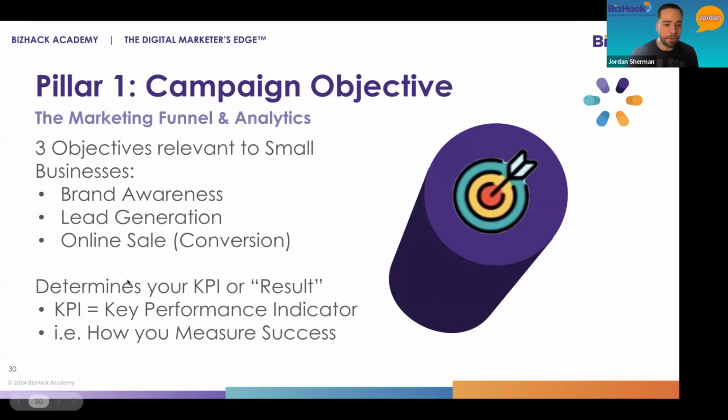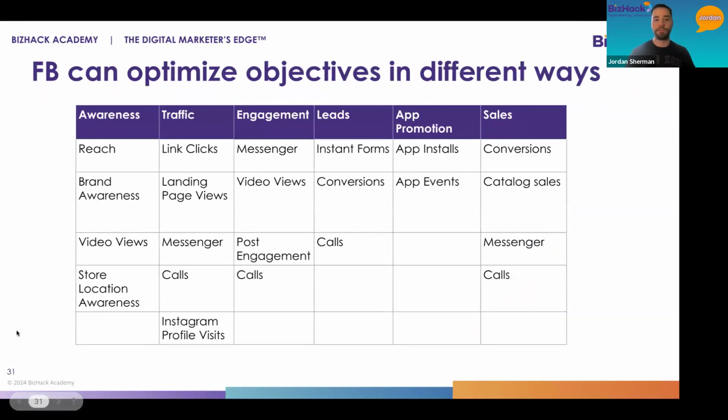And this is how you're measuring your success. So for example, for our test and learn ad, our awareness ad, our KPI is going to be 2-second continuous video views. That'll be the key element that we are reporting on when we get to the catch-up week and look at the analysis from that first ad.